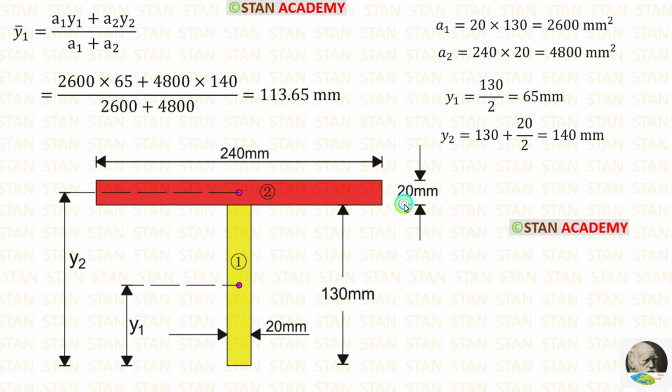To get the centroid, we have to divide 20 by 2. Then we have to add this 130 to find y2. Finally, we are getting 140 mm. In this formula, we can apply the values of A1, A2, y1 and y2. After the calculations, we are getting y1 bar is equal to 113.65 mm.